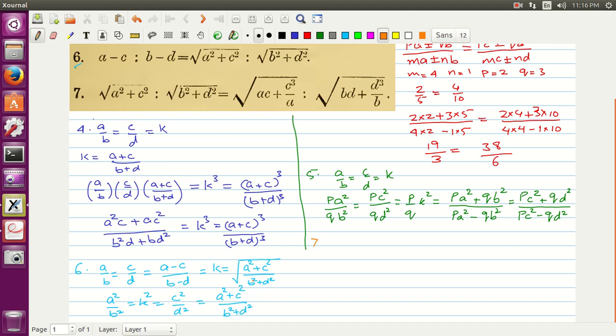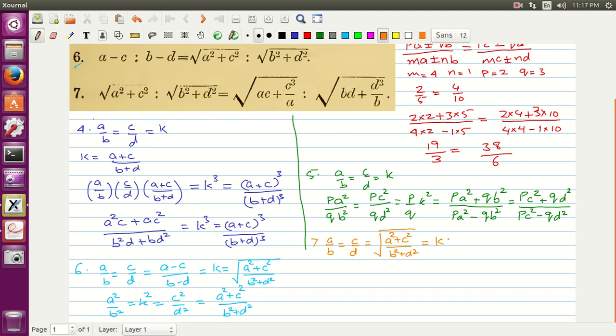And for problem number 7, we have already proven that A square plus C square is to B square plus D square is equal to k. Okay, that is A is to B equal to C is to D. This is equal to A square plus C square by B square plus D square. All these ratios are equal to k.